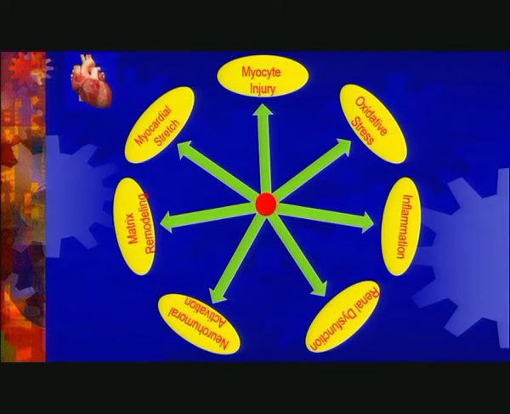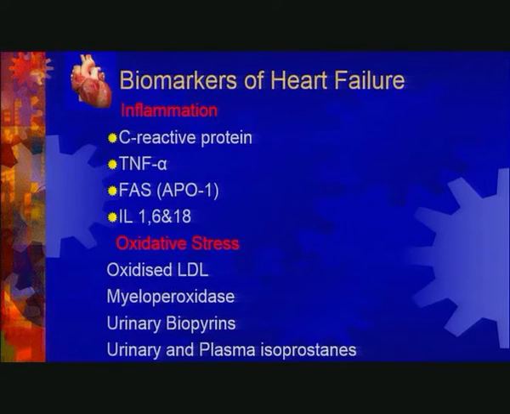All these changes will happen in heart failure, as I said, in response to tissue hypoxia or poor perfusion of tissue, and will determine the outcome of heart failure depending on expression of these markers.